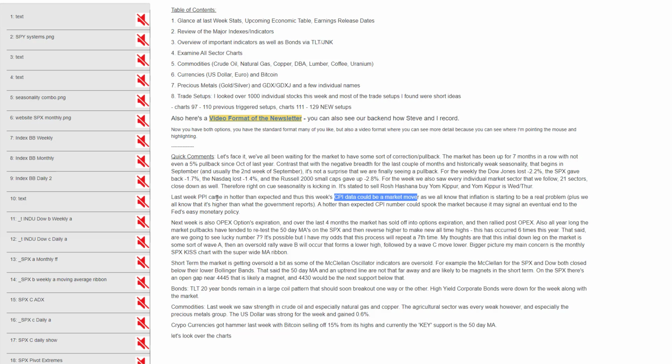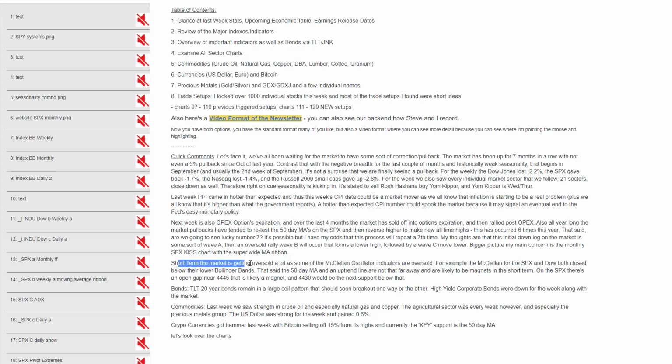In reality, it's much higher than they state. But even their made up numbers are still showing that inflation is hotter than expected. So if the CPI data on Tuesday comes out high, that could spook the markets perhaps. Let's keep an eye on that. As I stated, it's options expiration week. The market over the last 4 months has typically sold off into that, then rallied afterwards.